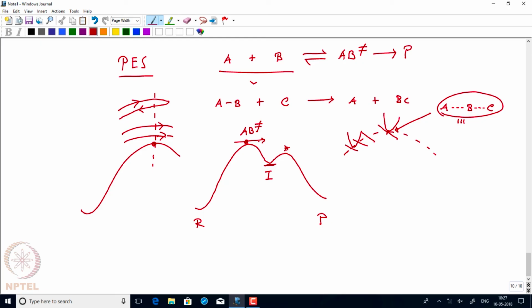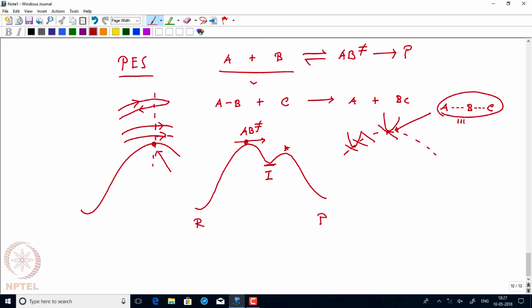And thirdly, which is most important, the location of the transition state, the way we derived it, is right at the saddle point, or you can think of it at a particular point where the recrossings of the trajectories are minimum. But the point here is that it has a very precise location.